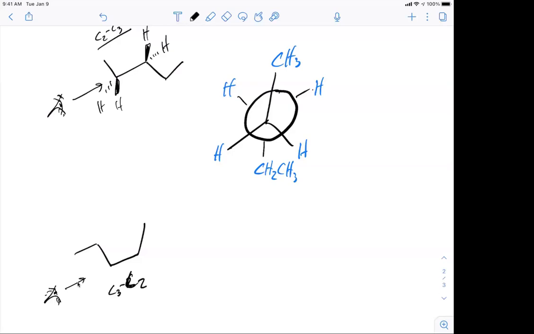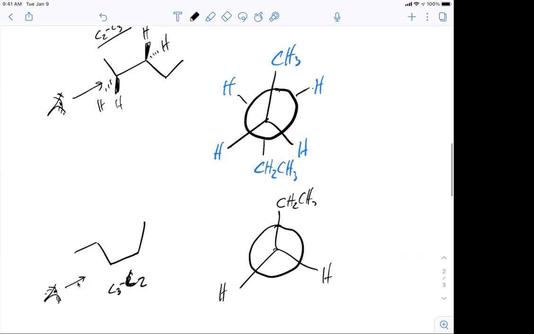Okay, if we look at this one, we have our structures here. So here we're going to put the ethyl up at top. I haven't shown the hydrogens, but they're going to be forward and backwards.